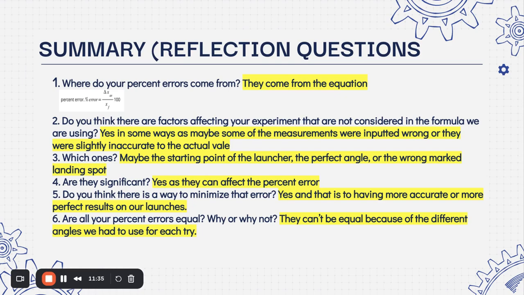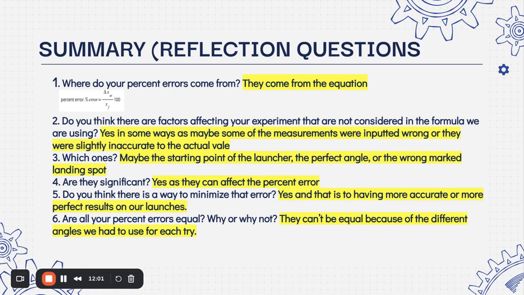Maybe the starting point of the launcher, or the angle. Maybe we had a slightly different angle, like 31 degrees or 29 degrees instead of 30, or for 45, maybe 47 or 43 degrees, and for 60, probably 59 or 61. Are they significant? Yes, as they can affect the percent error.